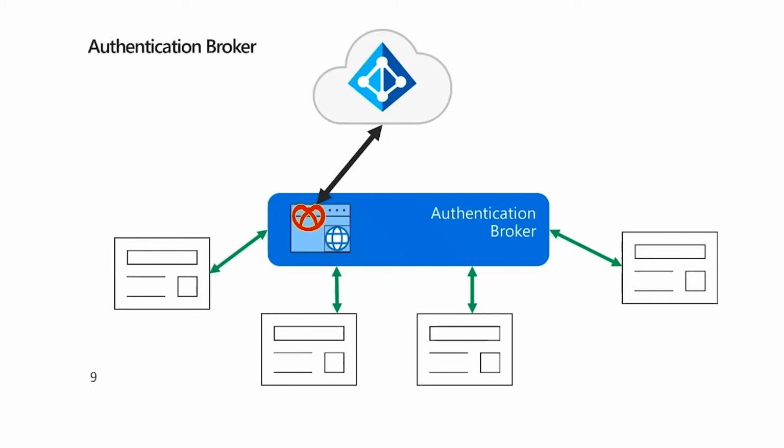Authentication brokers are a great concept because I'm going to handle the web view from my authentication broker, so that state gets saved and shared through this broker, but I can do additional things in the broker itself. So for example, our brokers use something called a primary refresh token that allows us to share additional information across all of these applications.